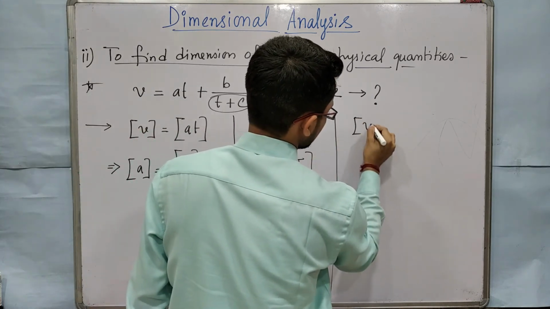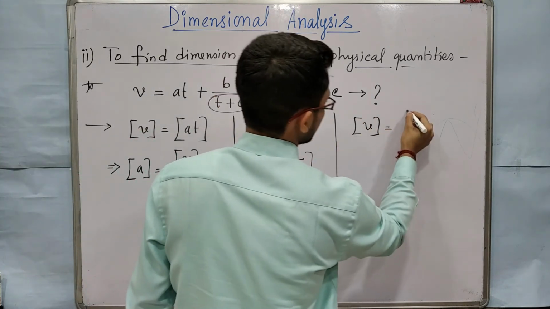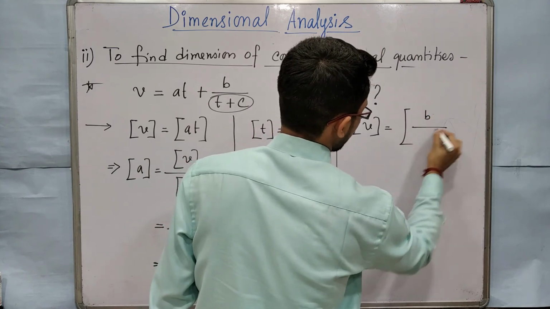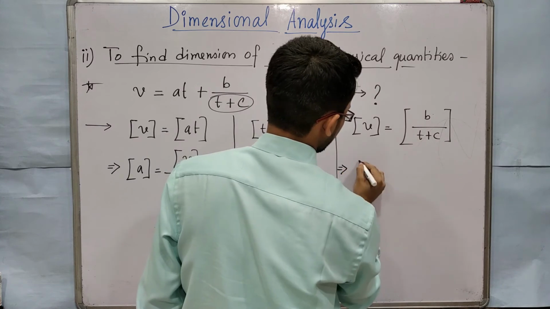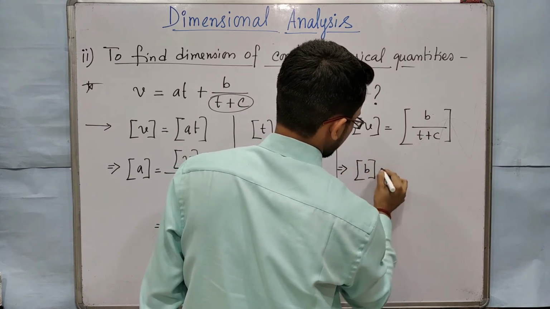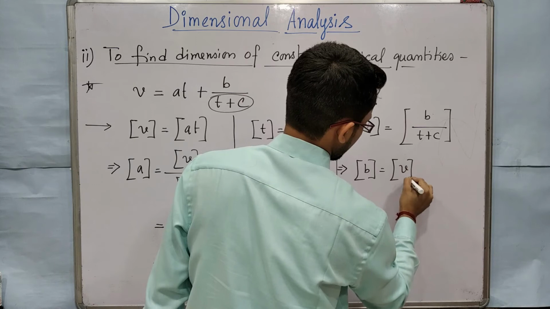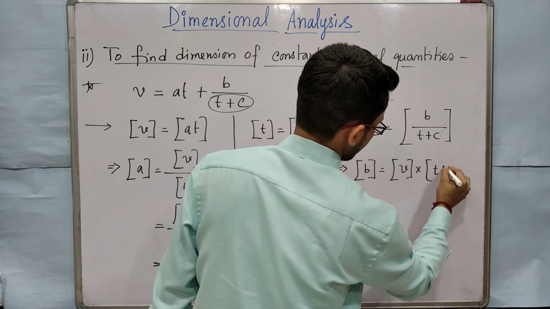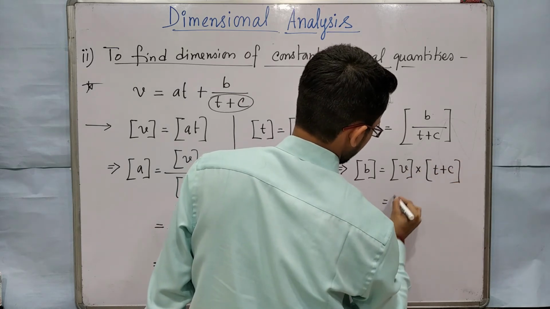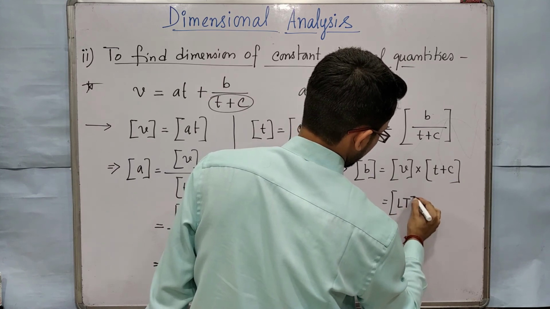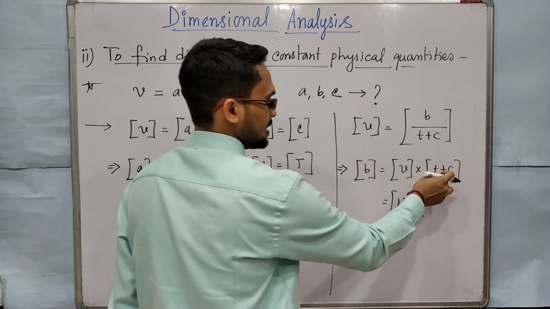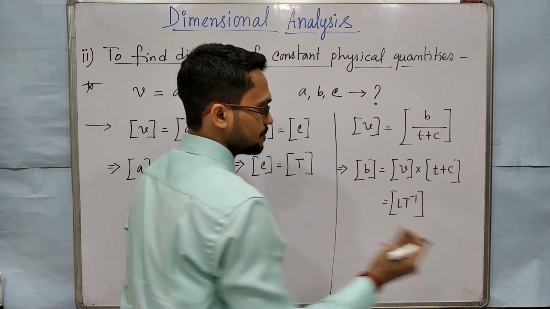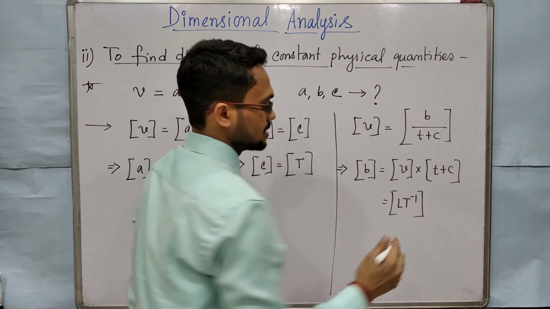So dimension of V equal to dimension of B by T plus C. So dimension of B will be, by cross multiplication, dimension of V into dimension of T plus C. Now dimension of V means L T^-1, and for T plus C, T has dimension of time, C also has the same dimension.